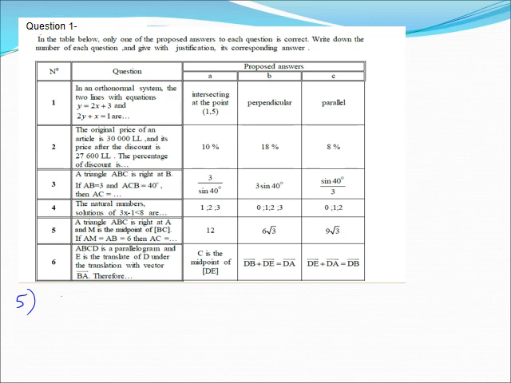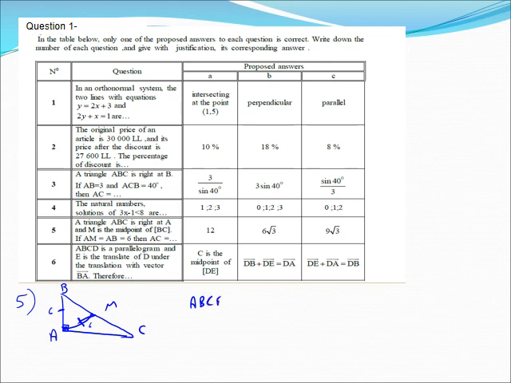5. Triangle ABC is right at A. M is the midpoint of BC. If AM equals AB equals 6 centimeters, then find AC.